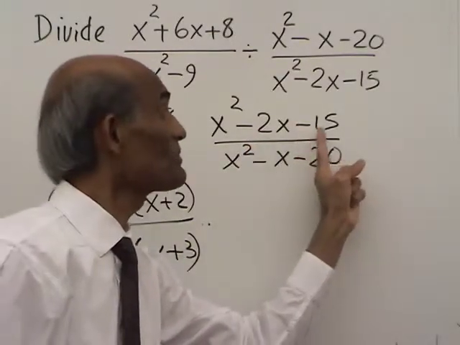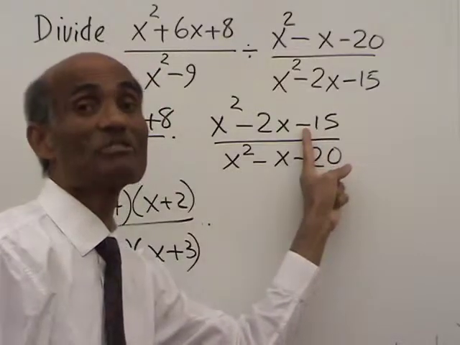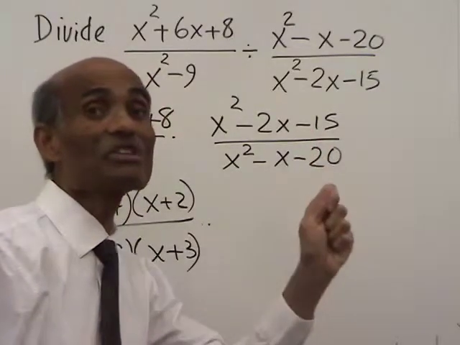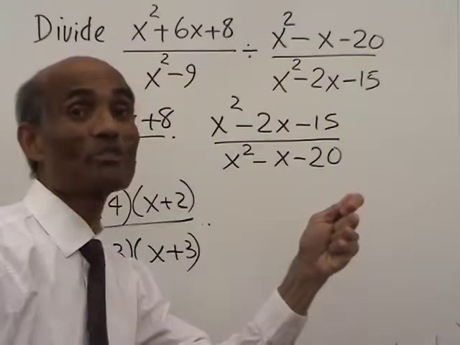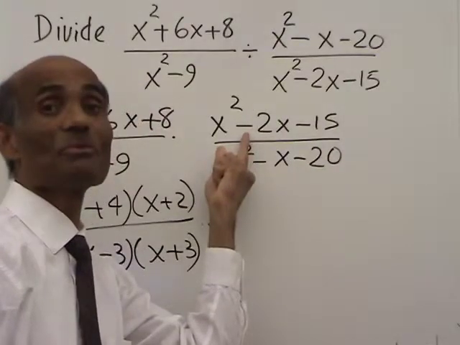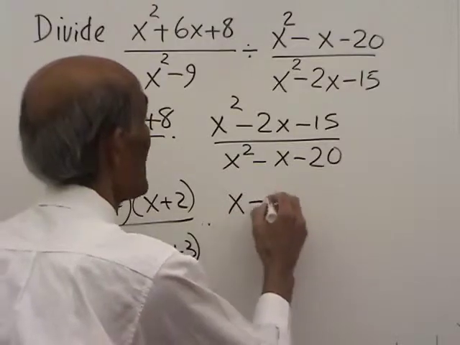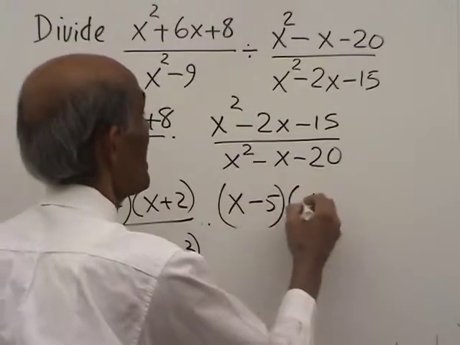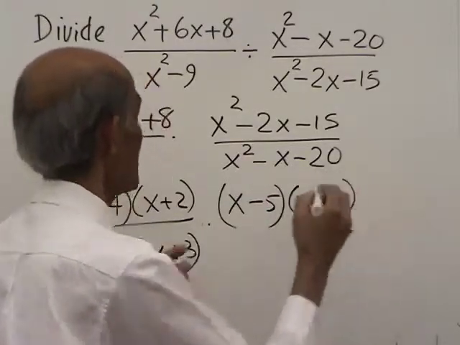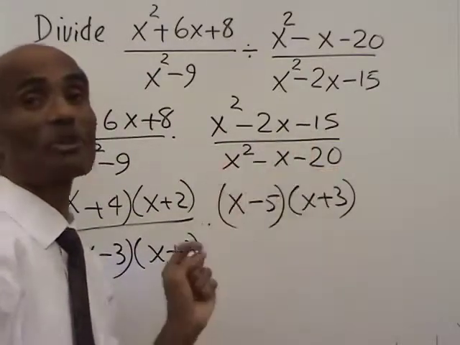Negative 5 times positive 3 is negative 15, and negative 5 added to positive 3 is negative 2. So the factors are x minus 5 times x plus 3 are the factors of the top.